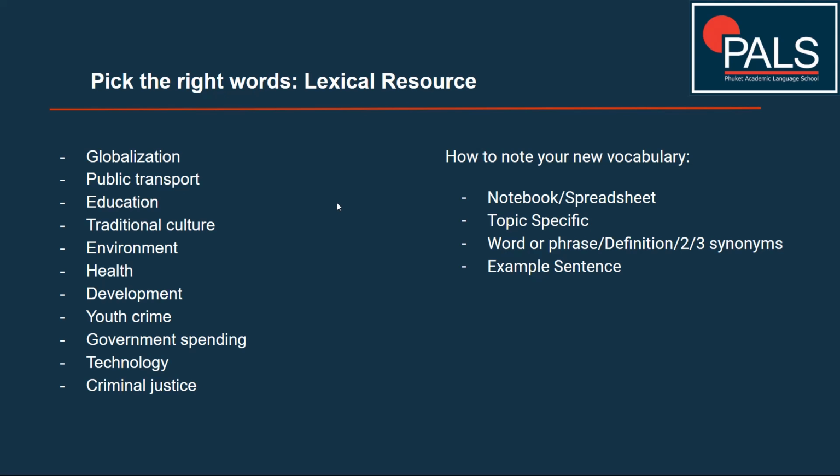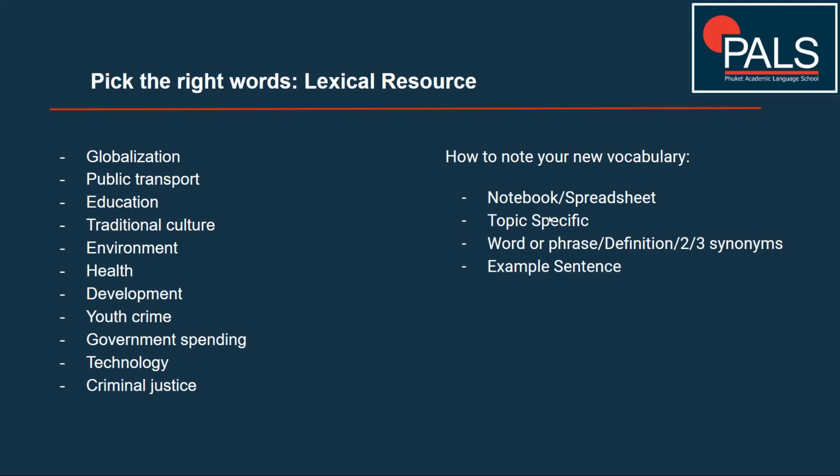And what I advise you to do as well is put a line down the middle of each page. Let's say you start with the globalization topic, put a line down the middle of the page. On the left-hand side, you're going to have singular words. On the right-hand side, you're going to have lexical chunks. And you need to organize this new vocab, this new lexical resource, very, very carefully. Otherwise, it's difficult to remember.